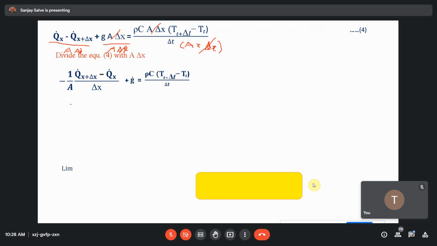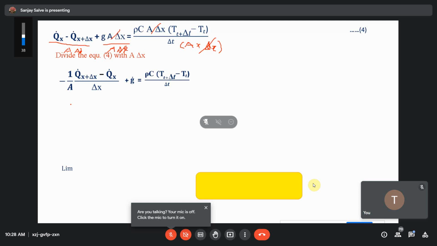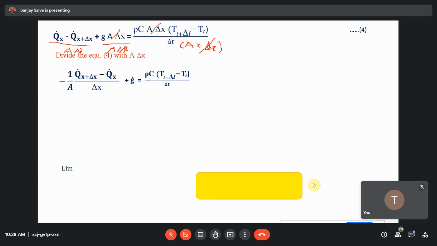So minus 1 upon A, Q dot x plus del x minus Q dot x upon dx, plus g, equals rho Cp. Sometimes it is called specific heat at constant pressure Cp, or specific heat at constant volume Cv. So we use rho Cp, that is specific heat at constant pressure, times delta T upon delta t. Correct? So this is equation number 5.